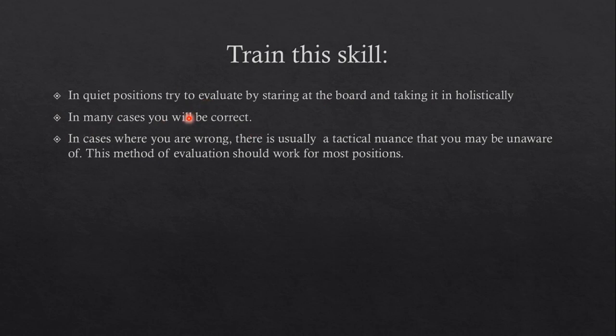In many cases, you will find that you will be correct. So in 80% of the cases, this is a very quick way of really evaluating the position. In cases where you are wrong, there's usually a tactical nuance that you may be unaware of. So this method of evaluation should work for most positions. So without delving deep into the positional elements, we can simply use this particular skill to evaluate positions.